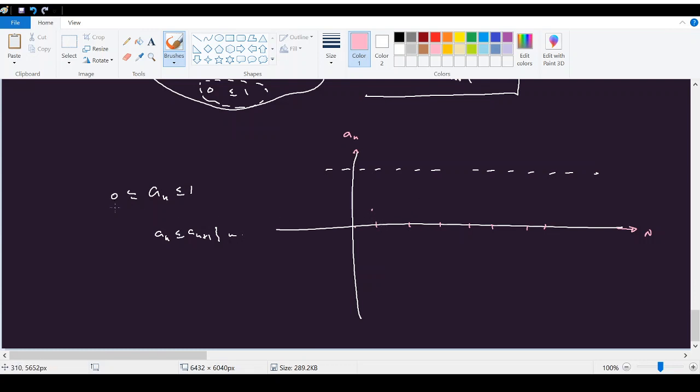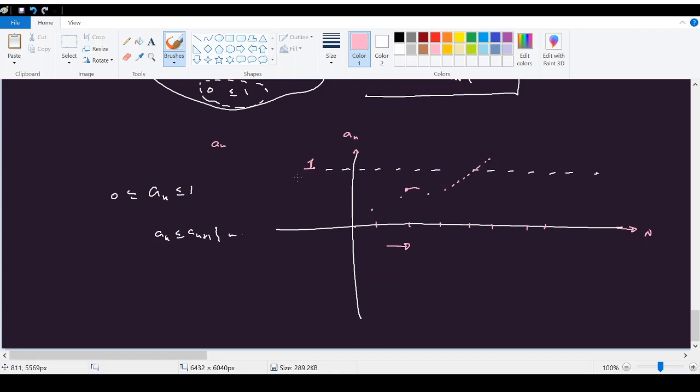Now since it is increasing, when n takes larger values, the corresponding an value should be greater than or equal to the previous term. But the thing is, we cannot pass this upper bound, right? Now in our specific example, the upper bound we considered was 1.